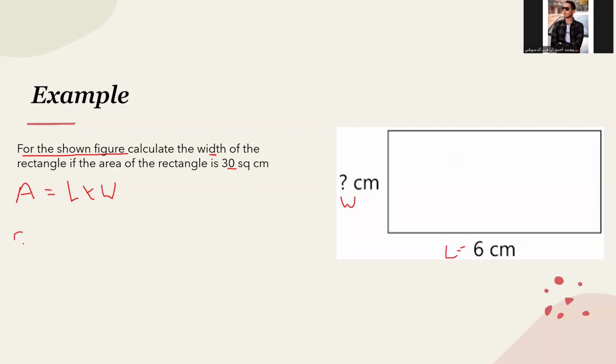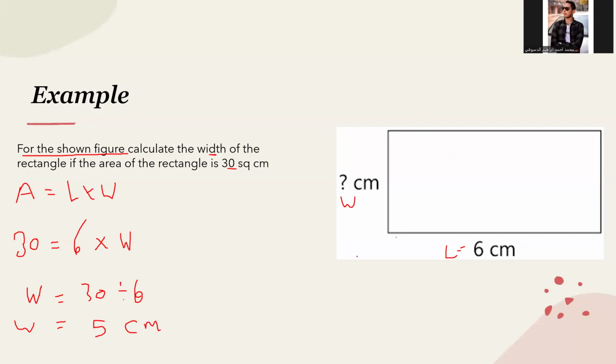The area is equal to 30, equal to length that I have, which is 6, and the width that I don't know. That means that the width equals 30 divided by 6, so the width equals 5 centimeters.